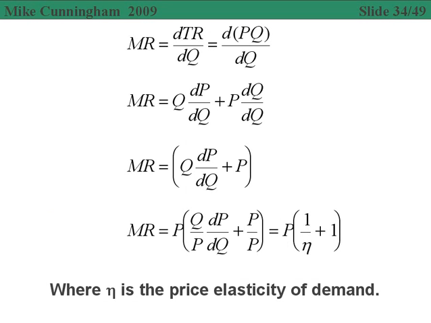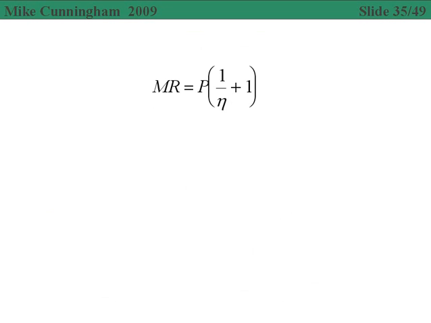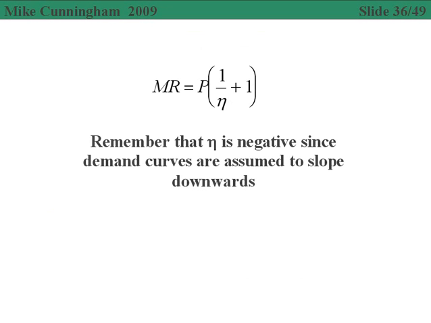Okay, we're getting towards a useful little expression here. We haven't got there just yet. Let's just carry on. So we've got that. The eta elasticity figure is always negative. Well, for downward sloping demand curves, it's always negative. And by convention, of course, when we do calculations, we just simply ignore the minus sign.